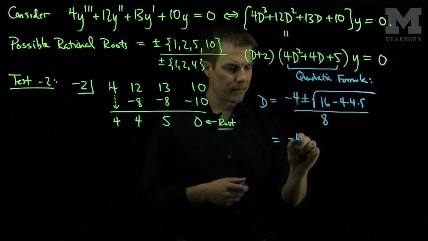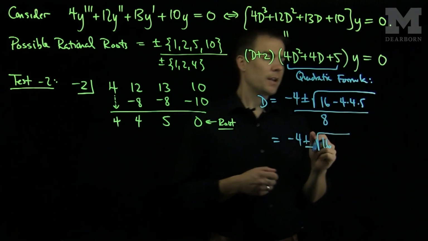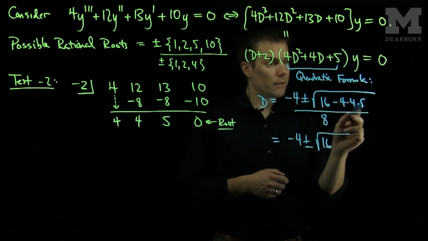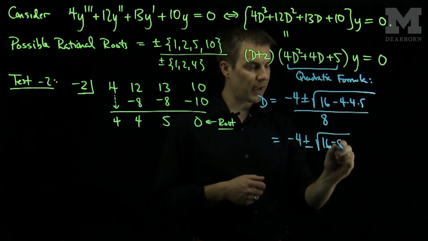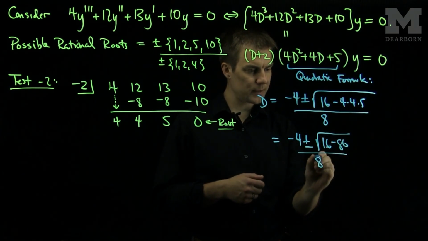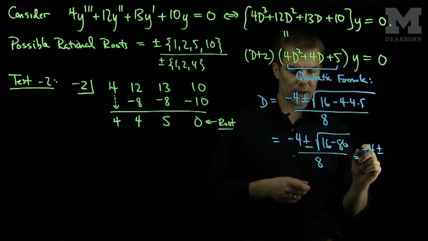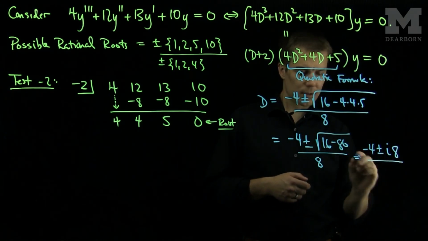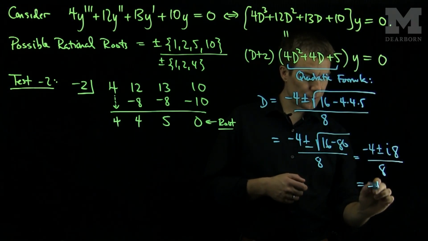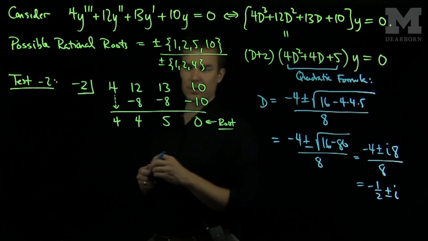So we will have -4 plus or minus the square root of 16 minus 80, all over 8. 16 minus 80 is -64, so this is -4 plus or minus i times the square root of 64, which is 8. So I'll have that over 8, which simplifies to -1/2 plus or minus i. So we'll have two complex roots.